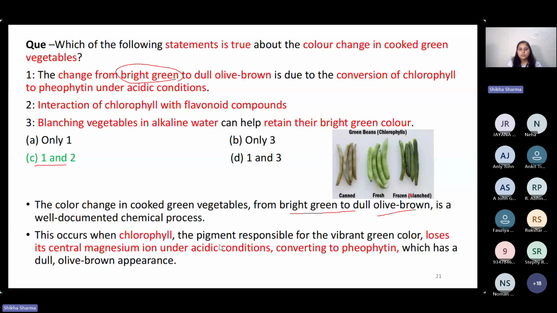This chlorophyll pigment is responsible for the vibrant green color. When there is a loss of magnesium ion under acidic conditions, it will convert into pheophytin and produce this dull olive brown appearance.